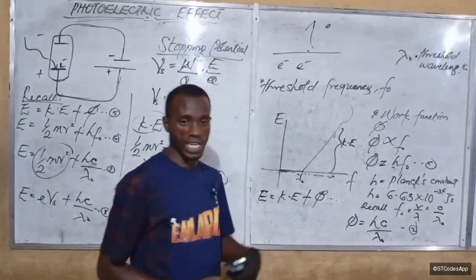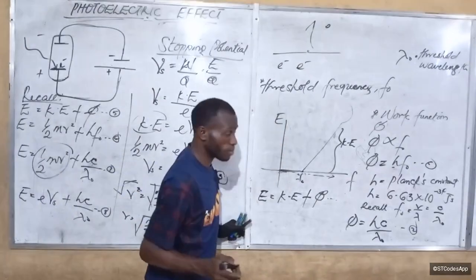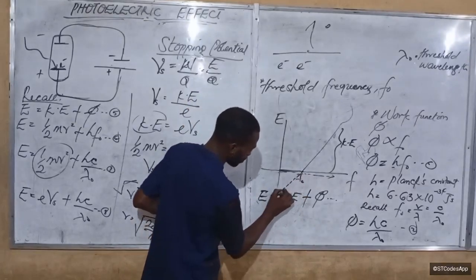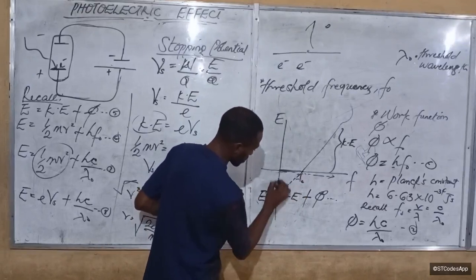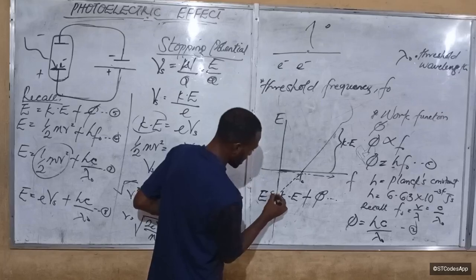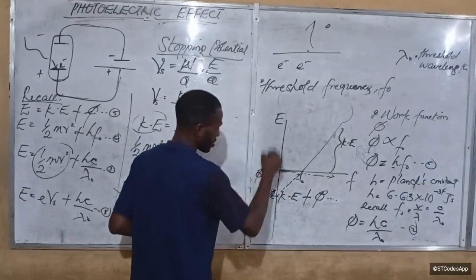Now, there's something else here that I probably didn't show you in this graph. In order to get the minimum energy required to escape the metal plate, if we trace this graph down, then at a point here we're going to have a negative work function. So all of this phase here is the work function.